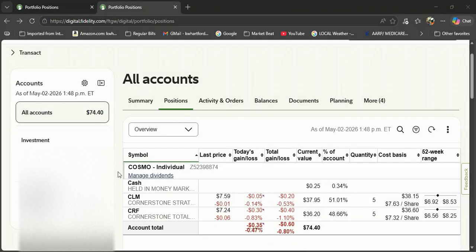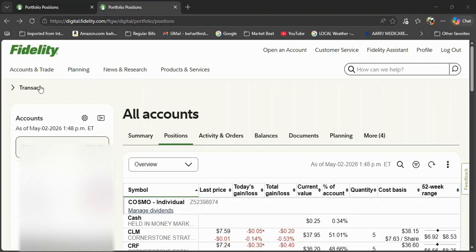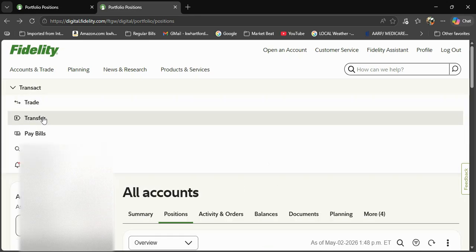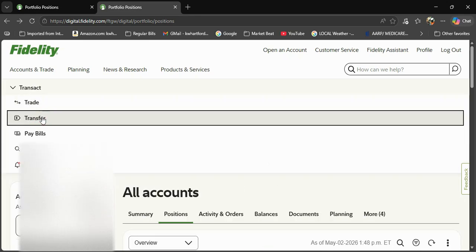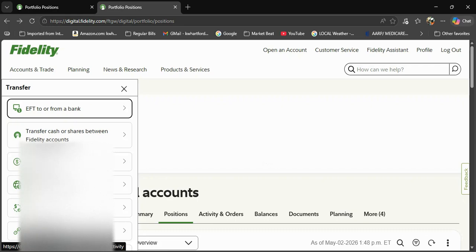Now that you have your bank account linked to your Fidelity account, the next thing you want to do is go to Transact and Transfer, and you want to go to Manage Recurring Activity.